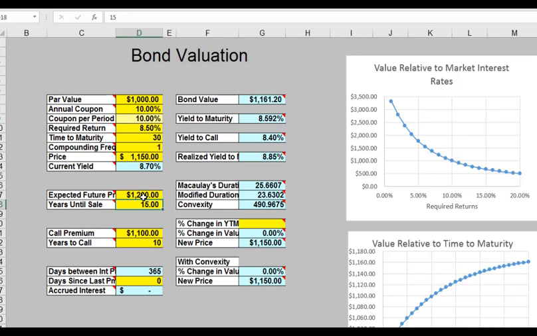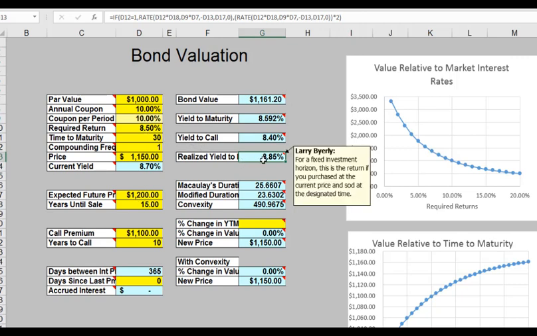So now, when we calculate what's referred to as the realized yield, if we hold it for 15 years, and if the price goes to $1,200, we would earn 8.85%. Again, in this case, it's telling us, comparing 8.85 to the required return, if we think this prediction is possible, then we would earn a higher rate of return than what we required.